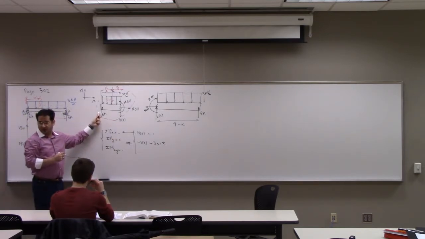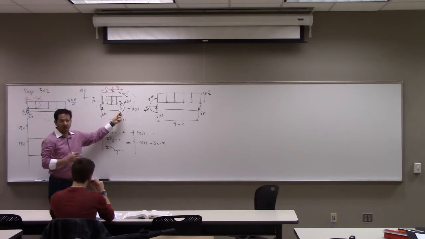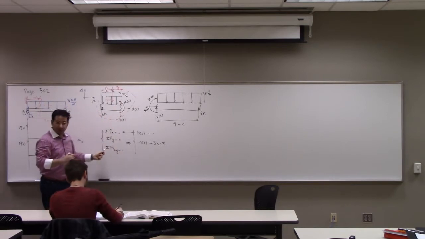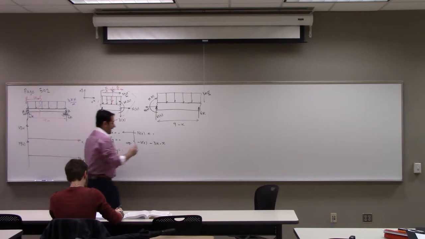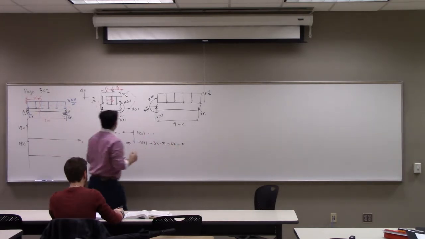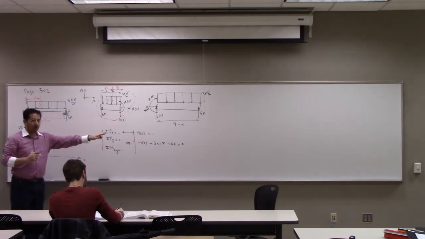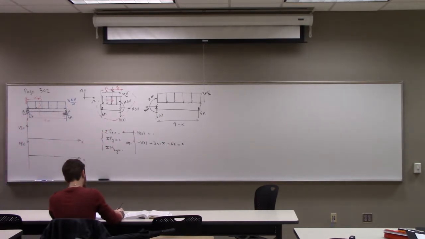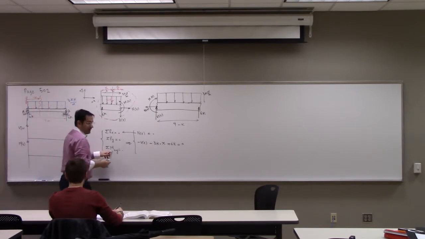Yes, because it's a force, it's not a coupled moment. A coupled moment goes added to the moment equation, right? So yes, I add plus 6K is equal to 0. Don't solve it. You remember we said first write all the equations and then solve them. So I go ahead and write the moment equation.